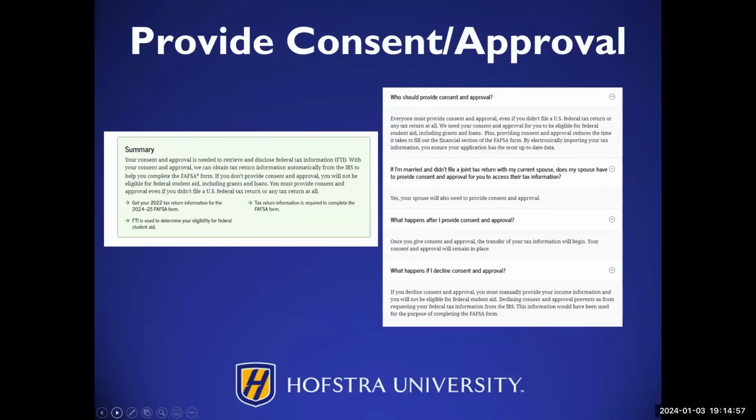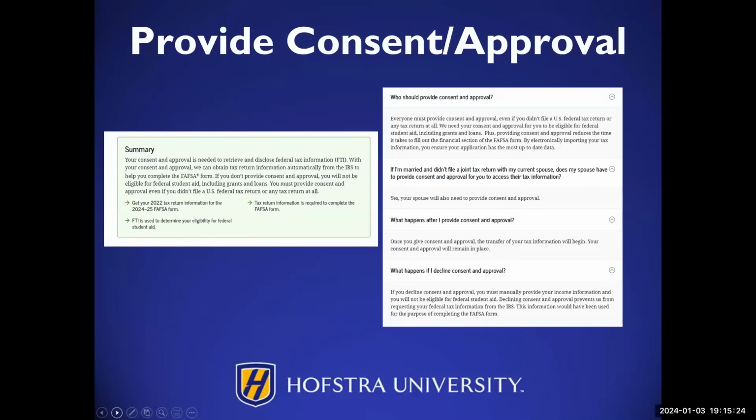Again, students will also need to provide their consent and approval, as some students do have taxes that they have filed. So their consent and approval is needed to retrieve and disclose any federal tax information. This is for the 2022 year. Everyone must provide consent and approval, even if you did not file a US tax return or any tax return at all.